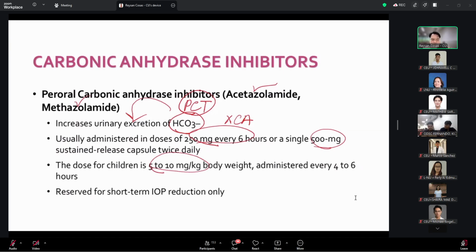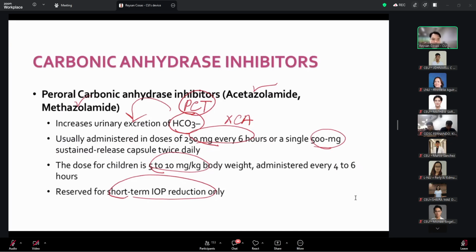So, pwede po bang gamitin yung mga per-oral KICE for long-term? No. So, in the treatment of elevated intraocular pressure, the oral acetazolamide and oral KICE are often reserved for short-term intraocular pressure reduction only, short-term, okay? Because there are topical KICE now that can be safely administered for long period of time.